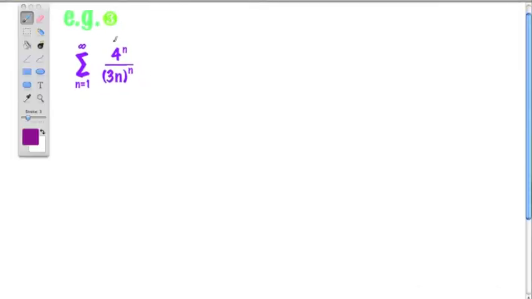In the third example, we will solve this by using the root test. So we start with the limit as n goes to infinity of 4 to the power of n over 3n to the power of n, and then we take the root with n.